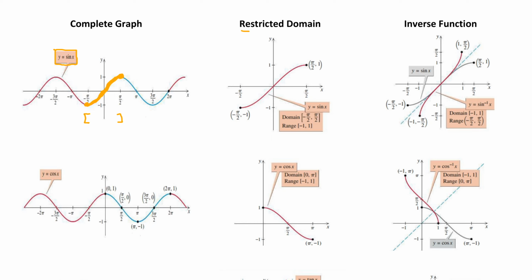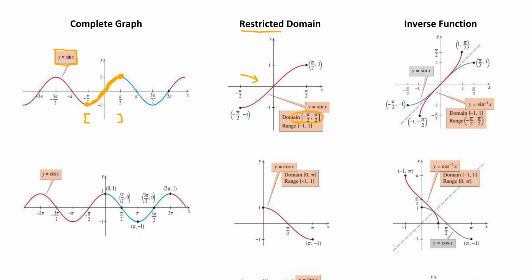So if we restrict the domain of sine from -π/2 to π/2, then the piece of the graph that we have is one-to-one and therefore invertible. Notice this piece passes both the vertical and horizontal line tests. It is therefore a one-to-one function and invertible.